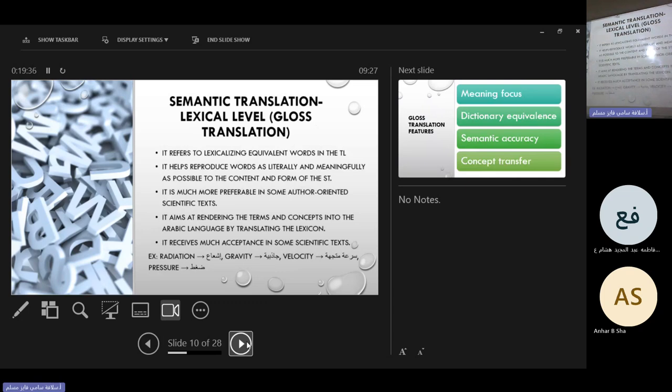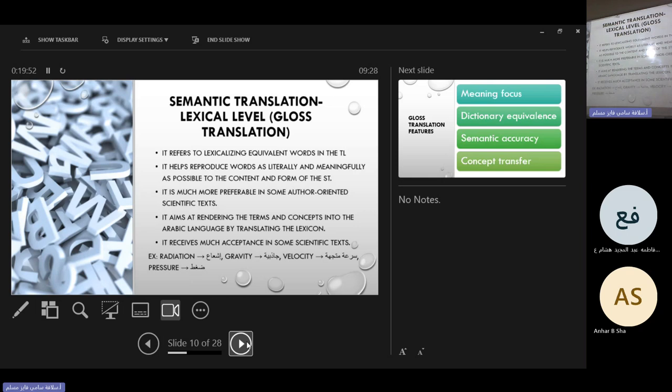The last one is the lexical level, which we call gloss translation. Gloss translation, or what we call the natural translation element.